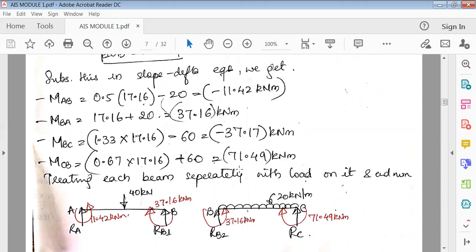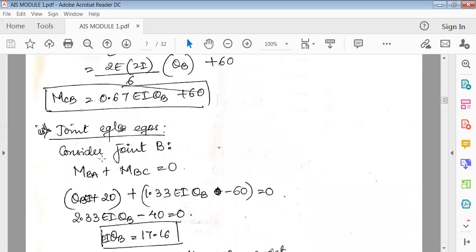So this is 71.49. Now the final check whether whatever you have done is right or wrong: you have to choose the joint where you have used the equilibrium equations, that is MBA and MBC. Initially, in considering joint B, MBA plus MBC, when you add both of these moments, you should get 0.